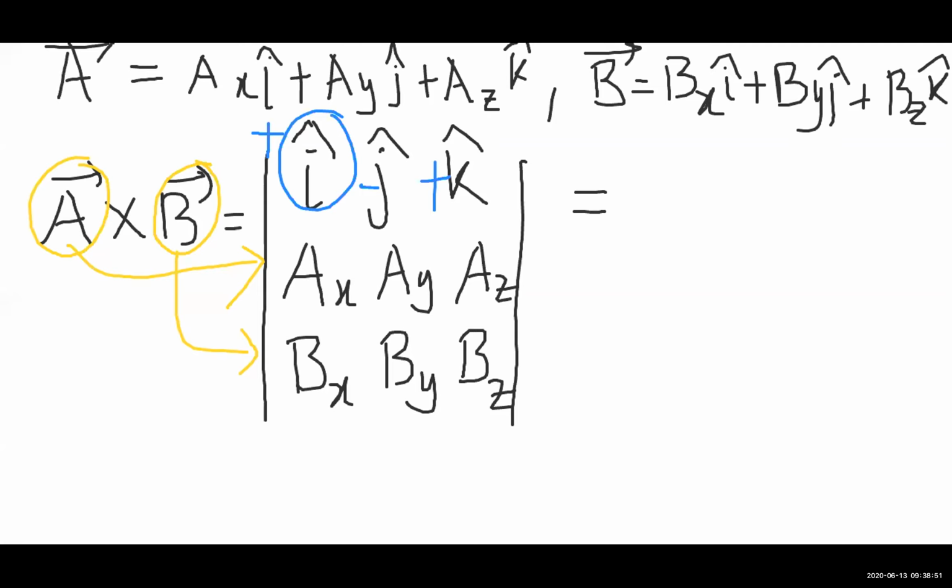Go along a horizontal line, and whatever elements you encounter, you assign positive and negative signs to them in an alternating manner.